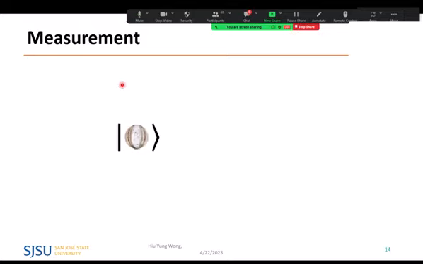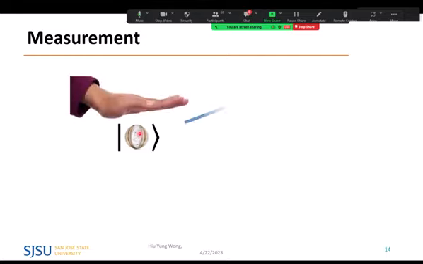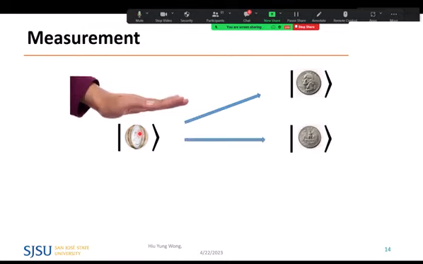Then one important thing about quantum computing is how we do the measurement. I told you that a superposition state is just like a spinning coin. How will you measure the coin? Well, I will just stop it, right? What will happen? It may either collapse to head or it can collapse to tail. That is the same for a quantum superposition state.